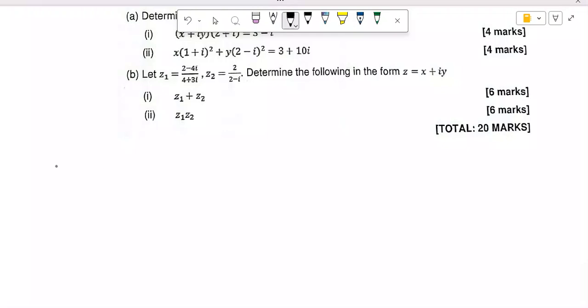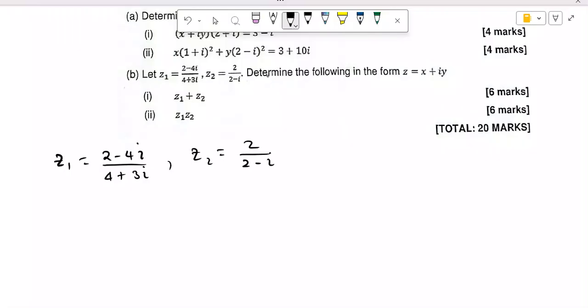So part B, we have z1 equal to (2 minus 4i) over (4 plus 3i), z2 equal to 2 over (2 minus i).